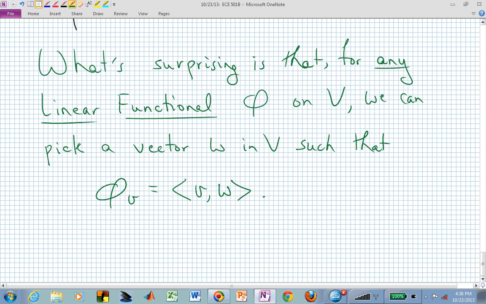You give me a V in the vector space V, and I can form the inner product, and that will be equivalent to a more generic linear functional.